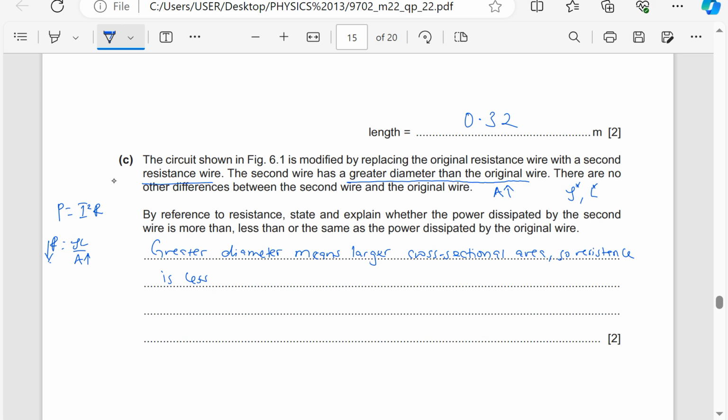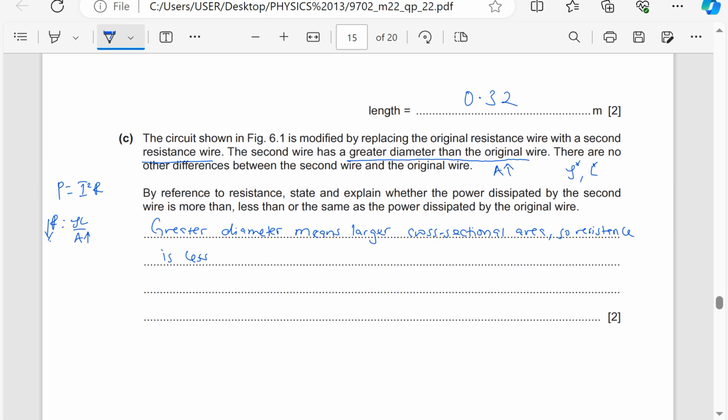And if the resistance is less, then for the same PD there will be more current. If the PD is the same, then the current is going to be higher.